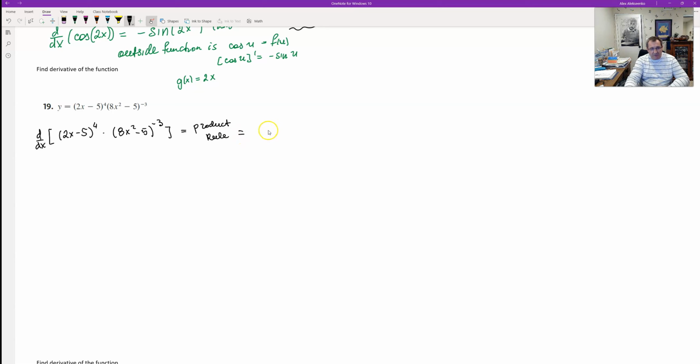And after the product rule is applied, we will have derivative of 2x minus 5 to the fourth multiplied by 8x squared minus 5 to the negative third plus 2x minus 5 raised to the fourth multiplied by the derivative of 8x squared minus 5 raised to negative third.